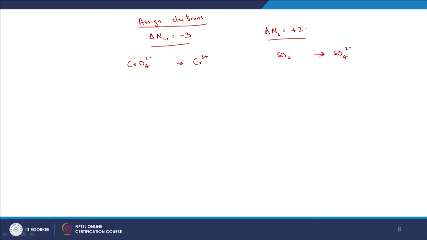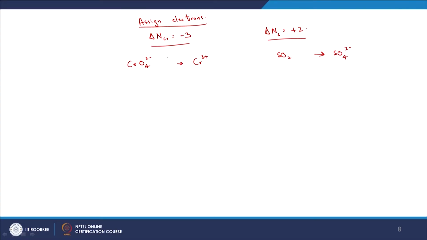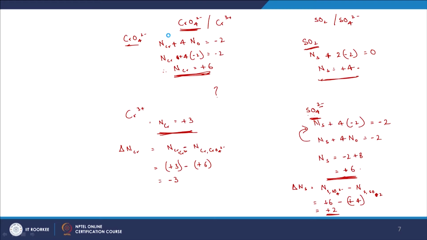So now I need to assign the electrons. Adding -3 here would in effect be +3 electrons here. So how did we get this? By subtracting the oxidation state of chromium in CrO4 2- from that in Cr3+, not the other way around.